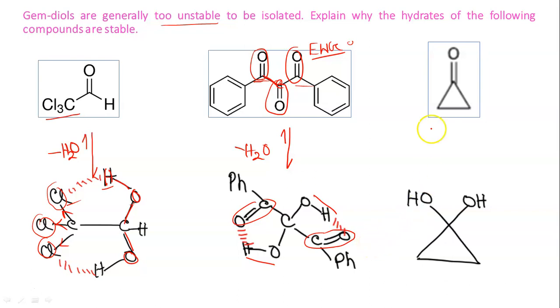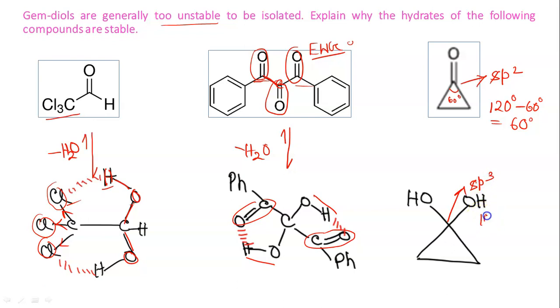And in the last case, this carbon is sp2 hybridized. So for sp2 hybridized carbon, the angle should be 120 degree, but here the angle is 60 degree. So deviation from 120 degree is exactly 60 degree, fine. But when it is the hydrate, now this carbon is sp3.